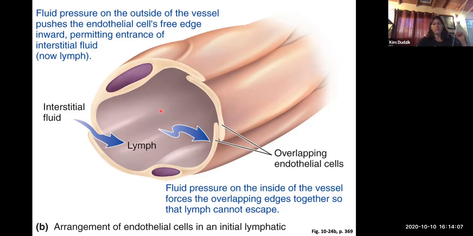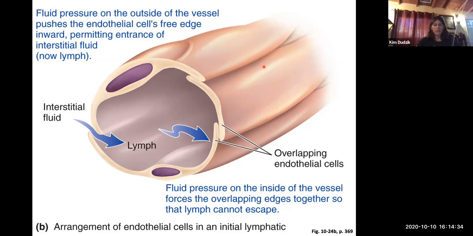Fluid comes in, but from the inside moving out, it closes them. So fluid pressure pushes the fluid in, causing reabsorption, and you don't get much filtration. So these are absorbing vessels, and they're picking up the extra water that the capillaries can't pick up.